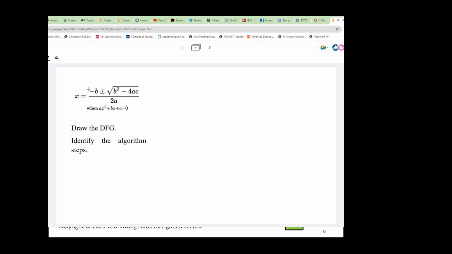So I look at the formula, negative B. So I will need a 0. Put a B here. I want to get the term negative B. So I need an operation.